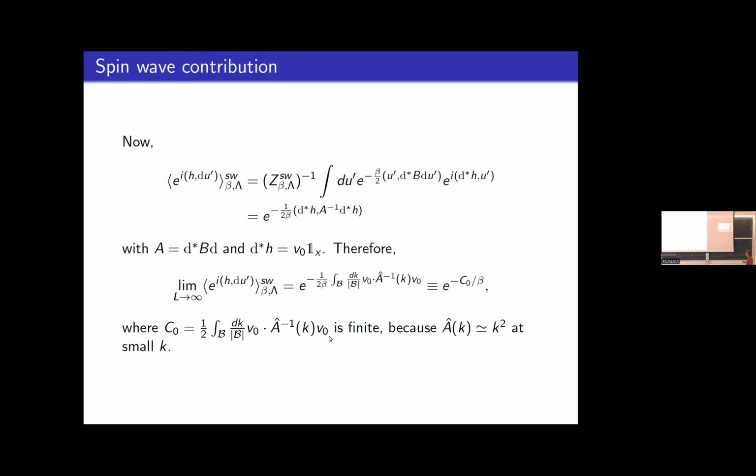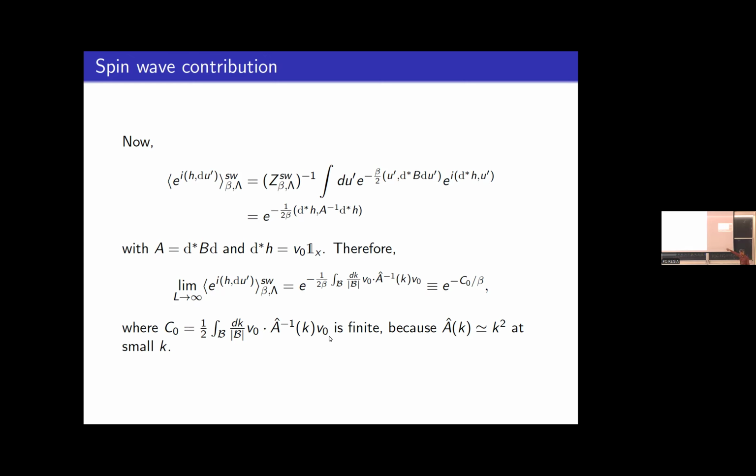Okay, so once again, the spin wave part is explicit and allows one to compute explicitly the contribution to the correlation coming from these elastic deformations. This is exponential of d3k, because we are in 3 dimensions, over k squared, because A of k, if you remember, behaves like k squared at small k.